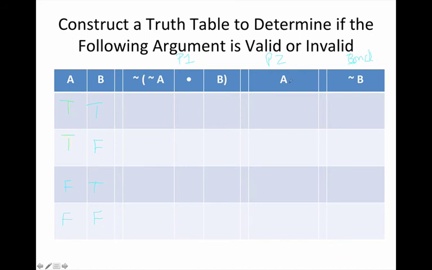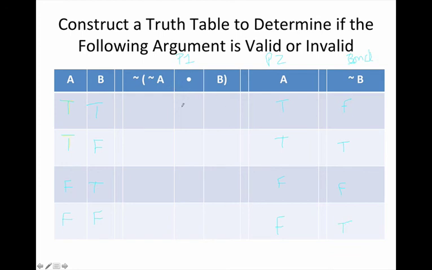We know that there is no operator under premise 2, so we will simply input the original values. And then we already know from our last argument that tilde B has the following values.